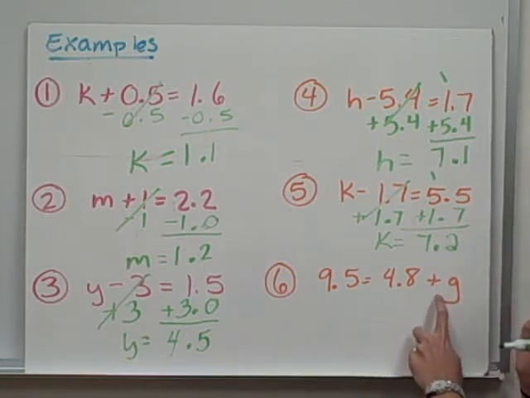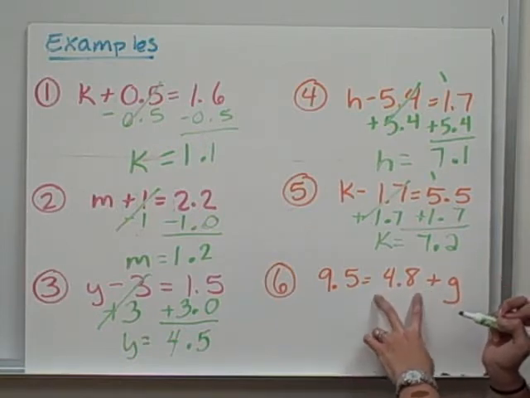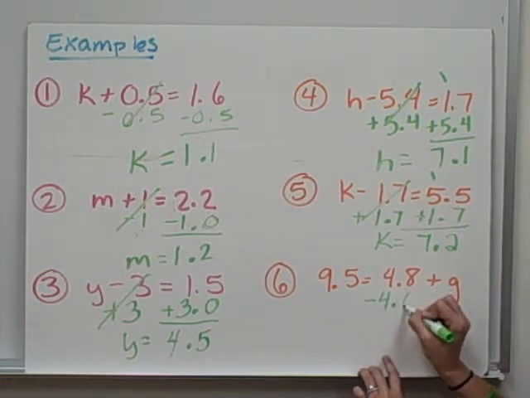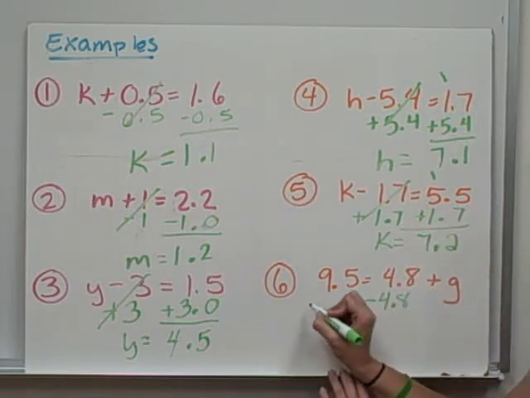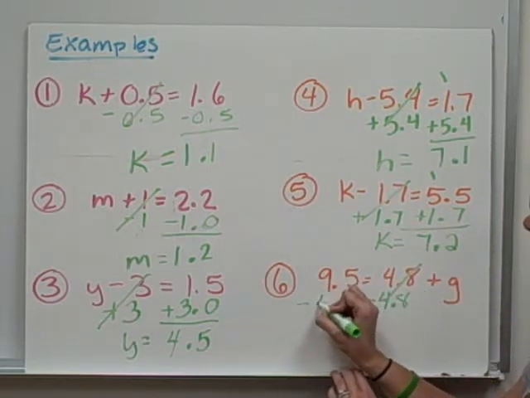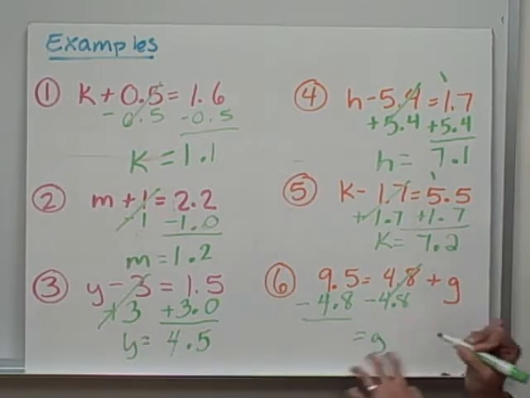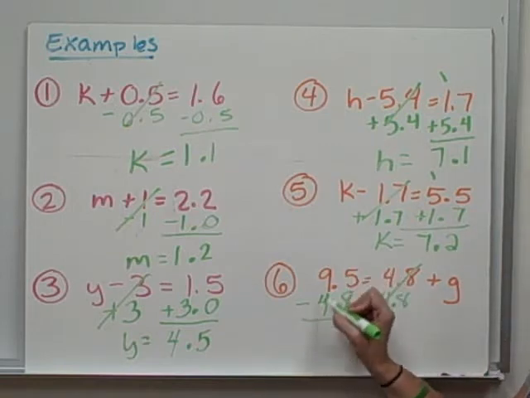Number 6, my variable is on the right side, but I still have to undo what's being done. I'm adding a positive 4.8, so I need to subtract 4.8. So 4.8 was positive. To undo it, I subtract it. Bring down the g and the equals. Now I'm going to have to borrow.